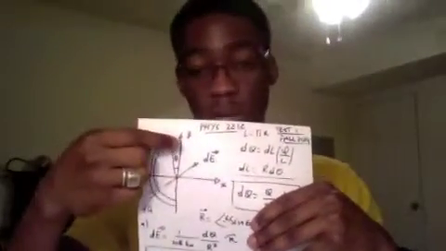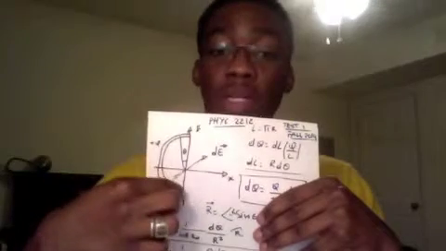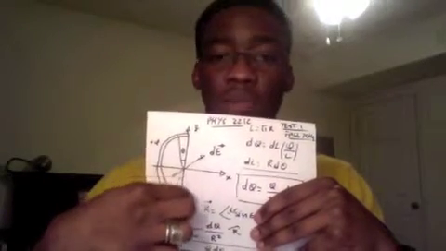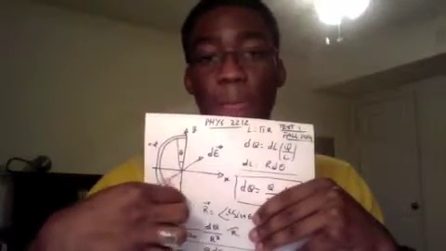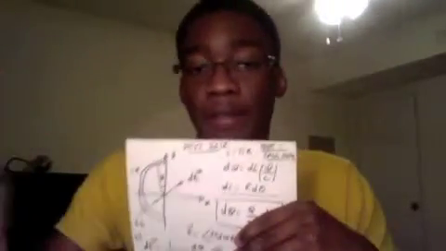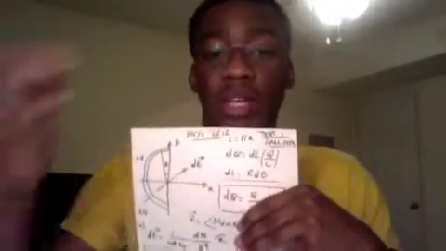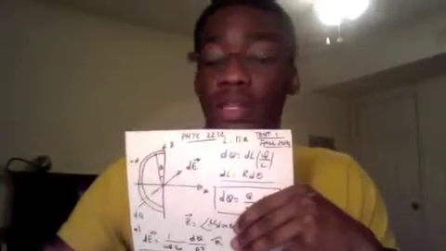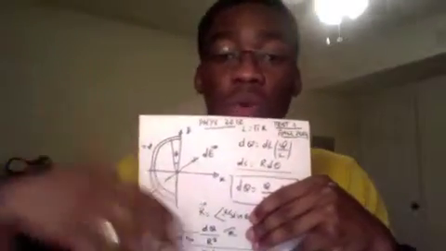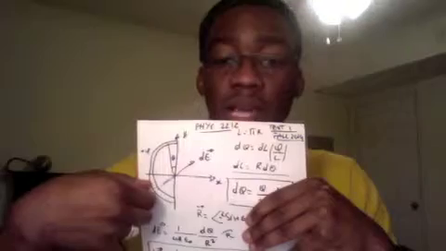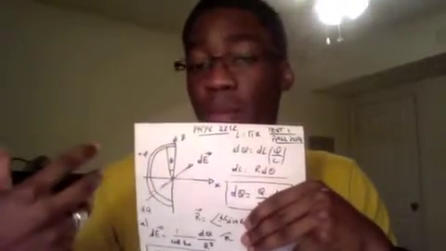So Q over L gives us the evenly distributed charge on the whole rod, and if we want one small piece exactly, we have to multiply by dl.